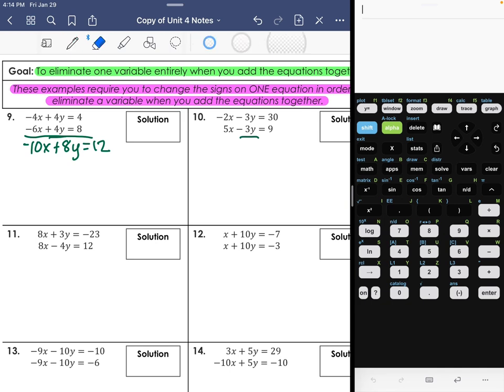So when you have the same sign, you have to change all of the signs in one so that they can still be added together. And that's okay. As long as you change all of the signs, you haven't changed the actual equation.